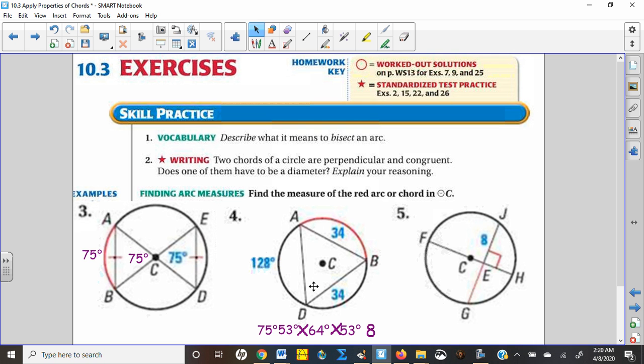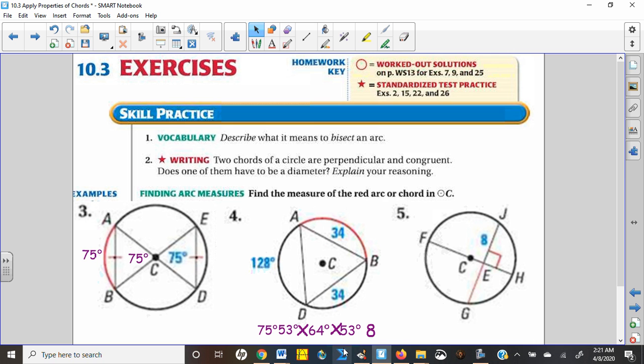The next problem, number 4, it looks like we have two congruent chords because AB and DB both have the same measure of 34 units. They are congruent segments, and because they're congruent segments, arc AB and arc BD must have the same measure. So I would do 360, subtract 128, and then divide by 2. What would that be?